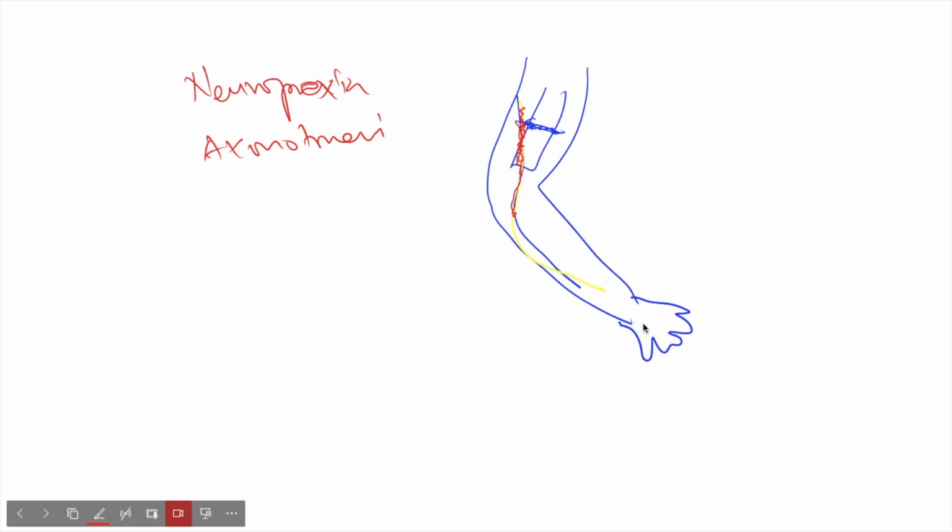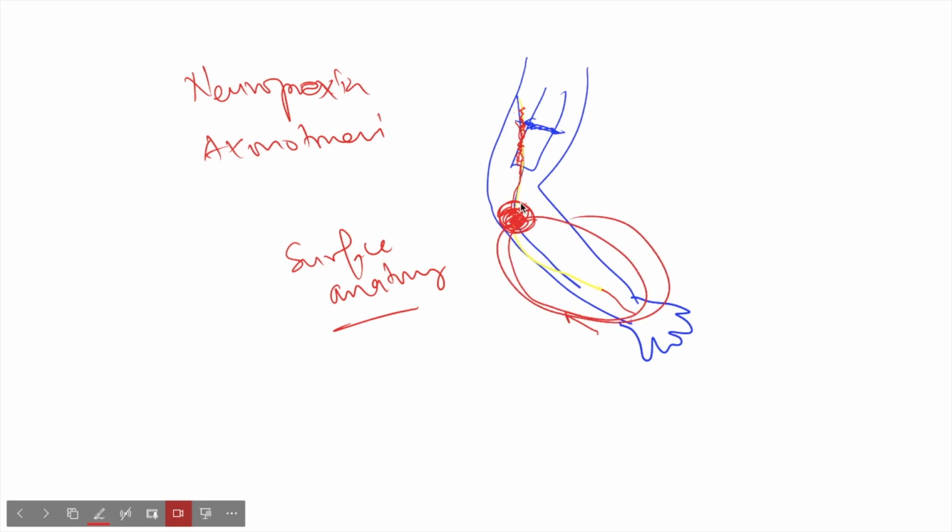So what you should do to elicit a Tinel sign is percuss from distal to proximal along the surface anatomy of the nerve. When you keep percussing distal to proximal, the point at which you have maximum Tinels, or maximum current shock like experience in the area supplied by the radial nerve, is the point of the Tinel sign.